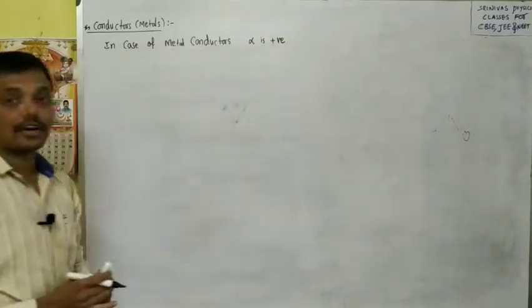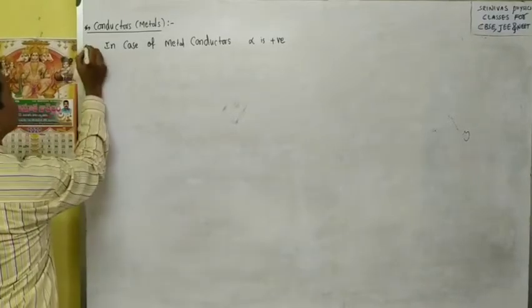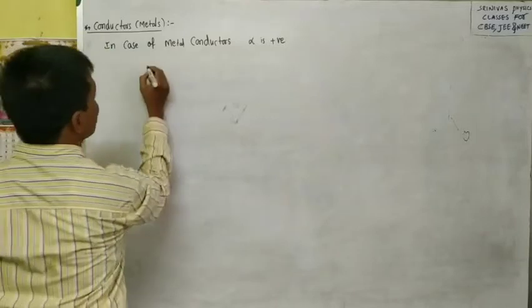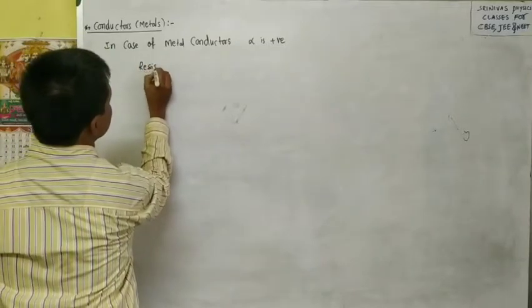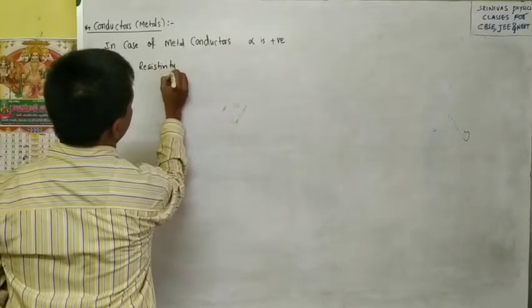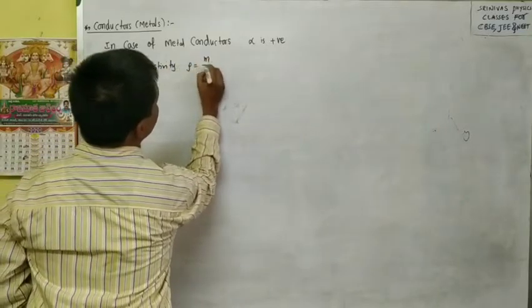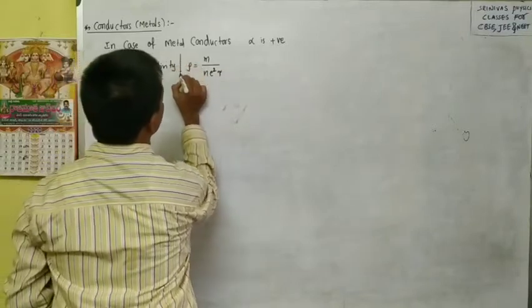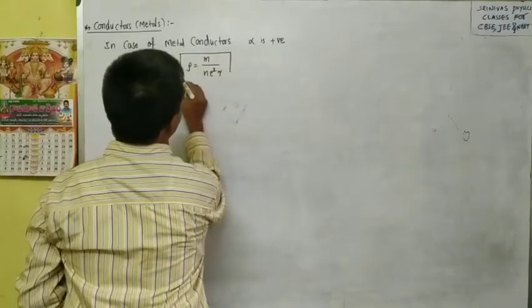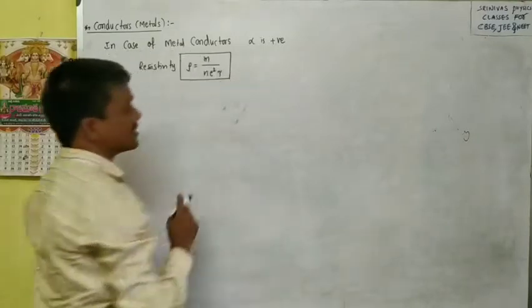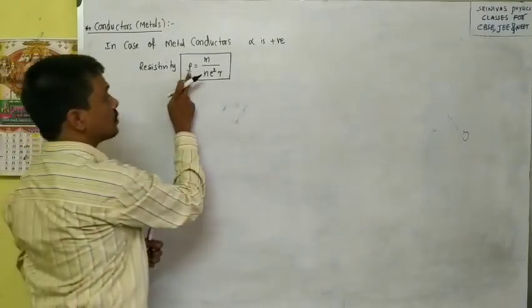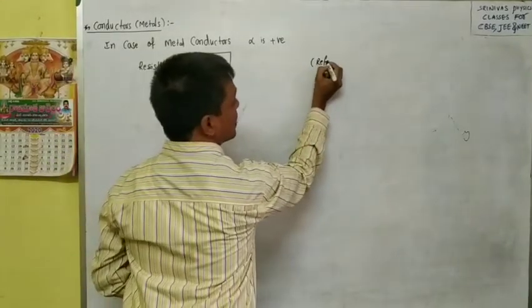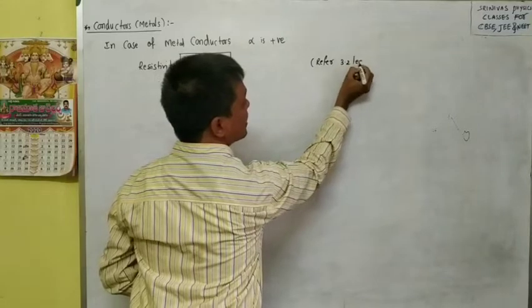Now, how does the resistivity of conductors vary? The resistivity formula is m by n e square tau. This we derived in lecture number 3.2, the drift velocity concept. Refer to the 3.2 lecture, where its derivation is there.